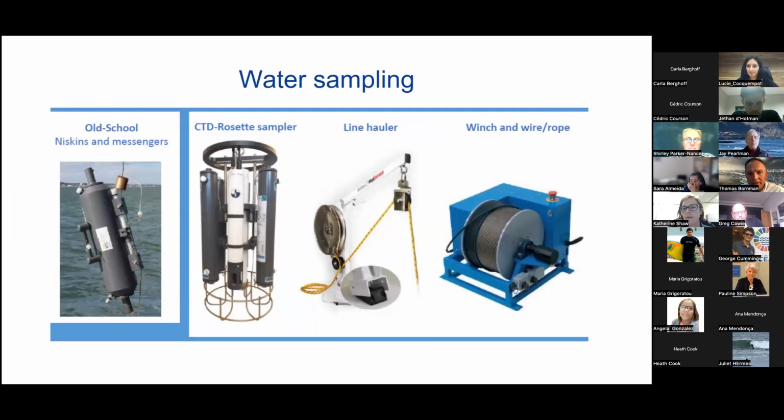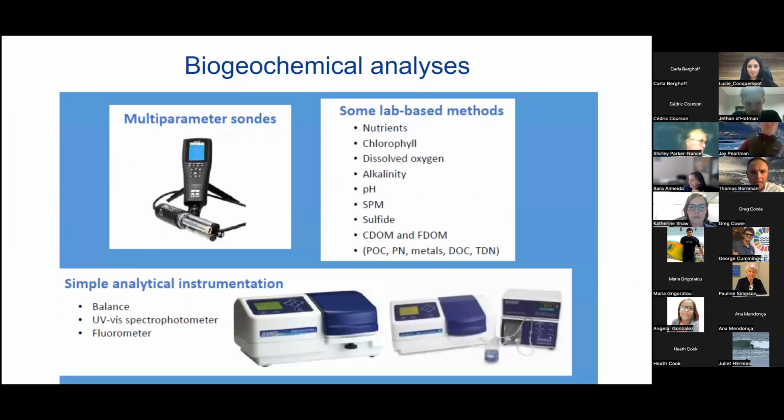Water sampling can be done with a basic old school Niskin bottle. And if you have larger vessels, we could provide a CTD rosette sampler. And if you've got big enough vessels, probably a winch to deploy those to deeper areas. So the idea is that you can use these equipments in anything from 0 to 200 meters depth.